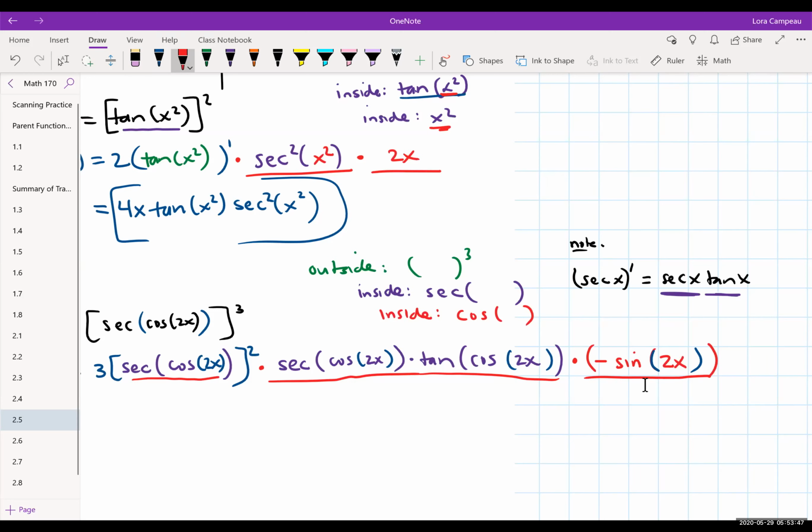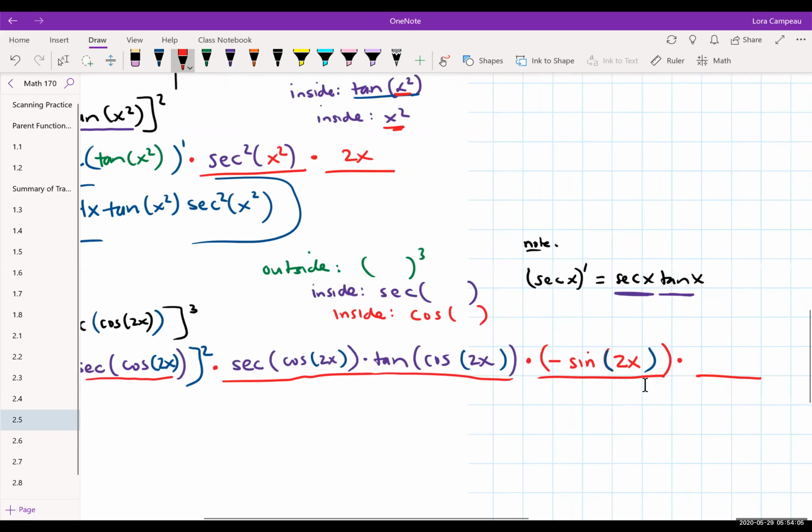So the derivative of cosine is negative sine, but it was more complicated than just an x, so we had to write the 2x in the argument. And now, my friends, we have one more link to go, because if we keep playing, I'll have to put this in orange or something.